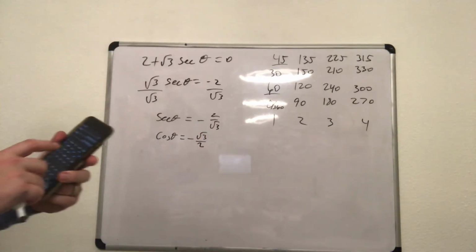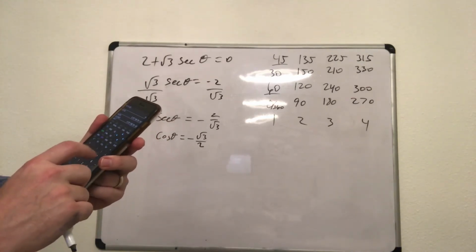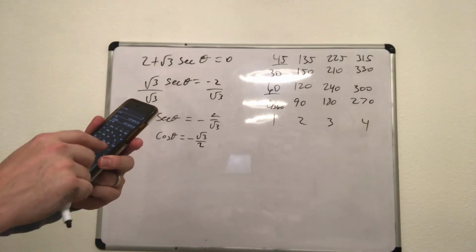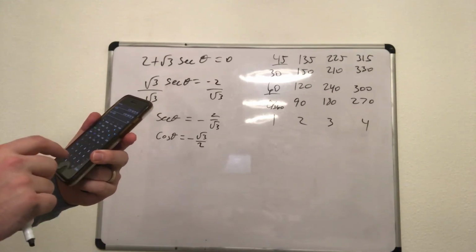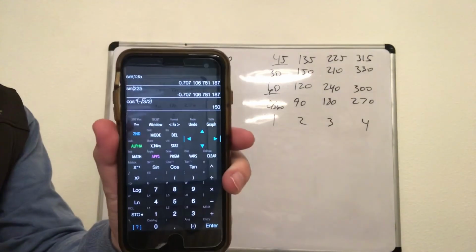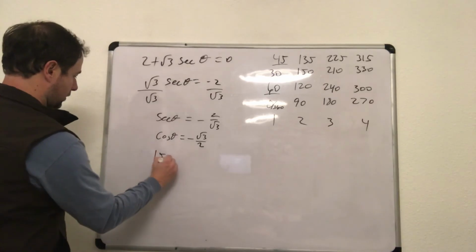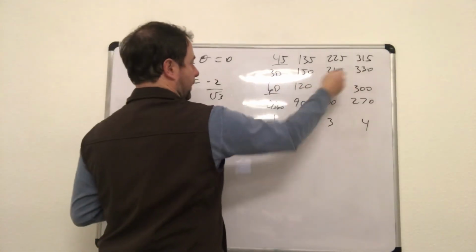And the way you find out when that is you say second function cosine of negative, open parentheses, second function root 3 divided by 2, close parentheses, and you see that that is 150. And that's a negative. So 150 is in the 30 family.